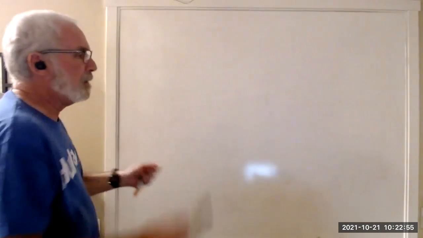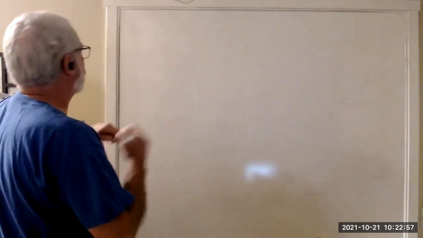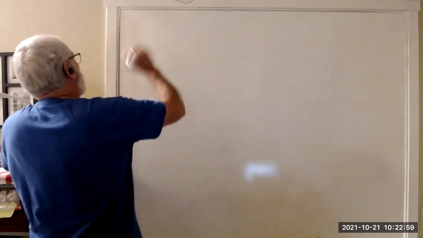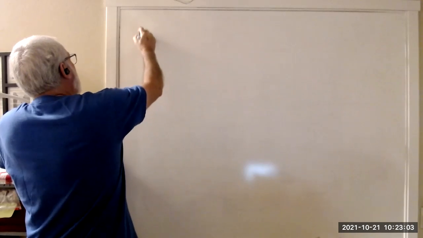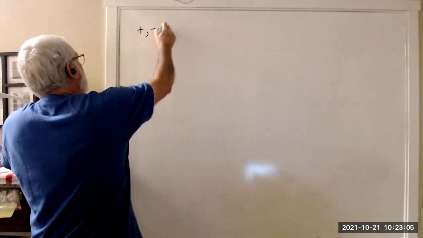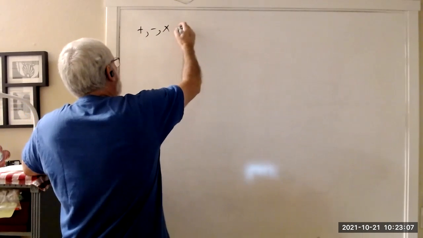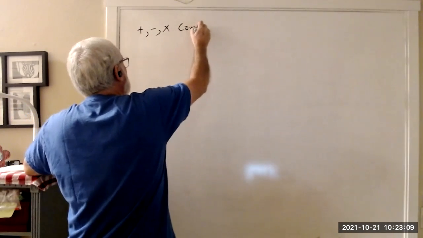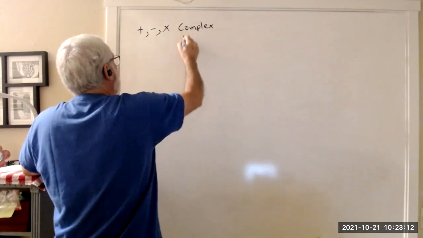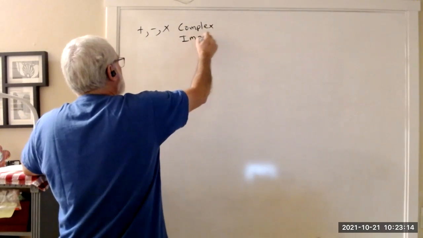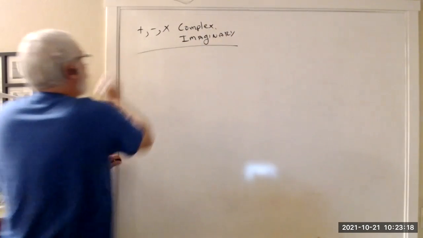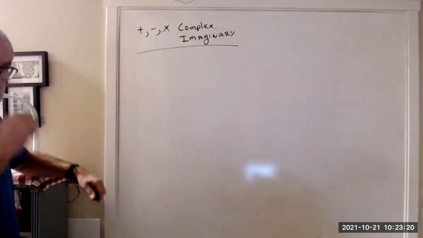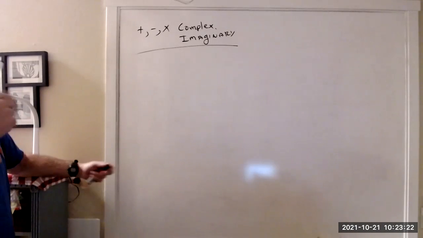Okay, if you go back and look through the problems that I just stupidly erased, we've basically talked about how to add, subtract, and multiply either complex numbers or imaginary numbers. What we've been avoiding is division, until now.